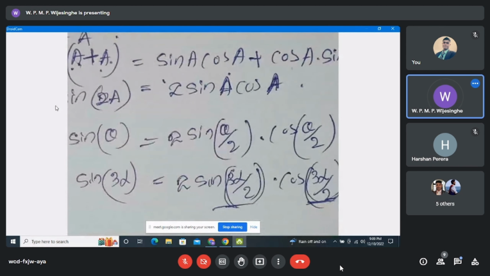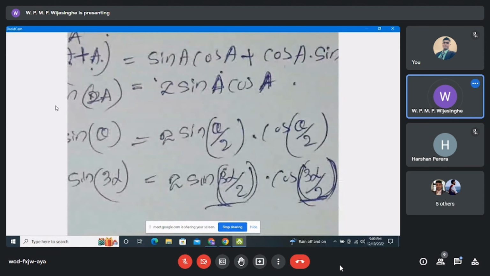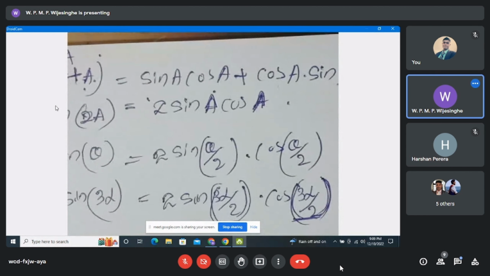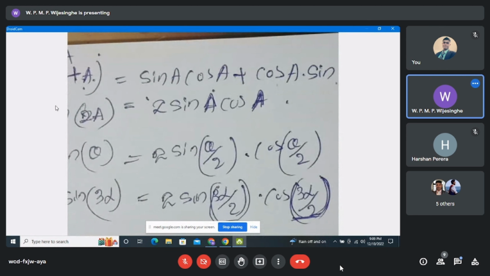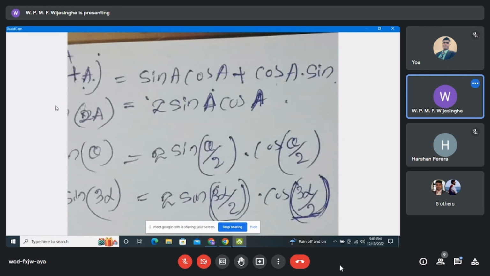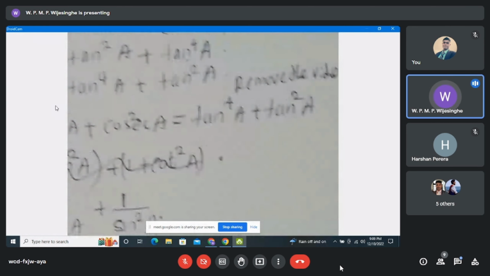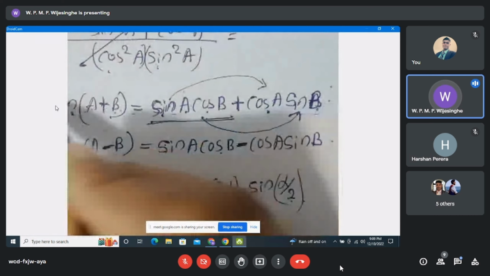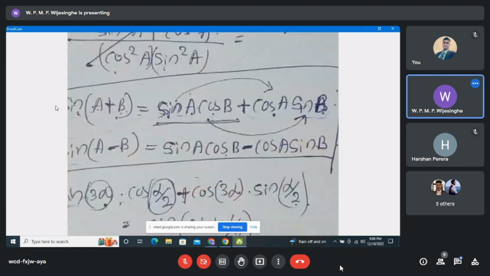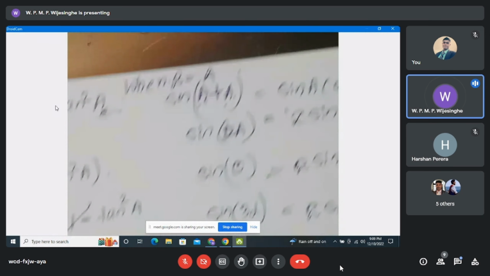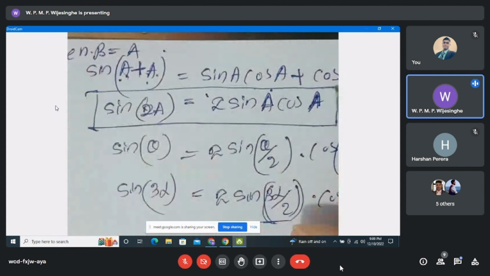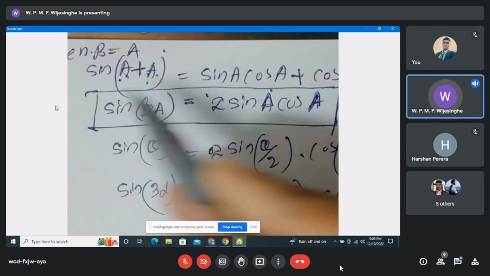This angle is the same as this angle, right? Here I told you 3 relationships, so this one, and this one. You should have known these 3 relationships, right?